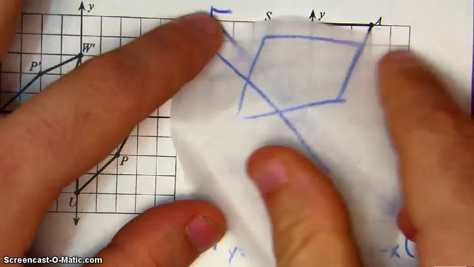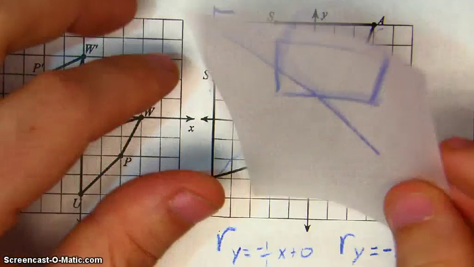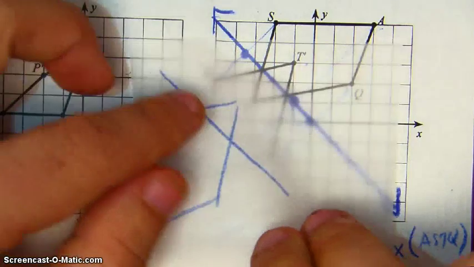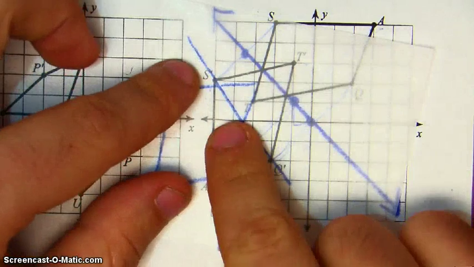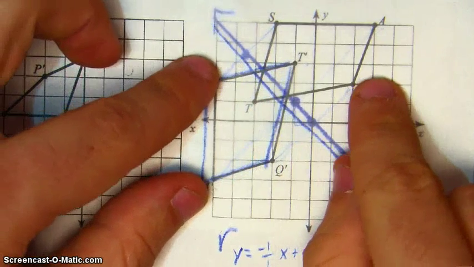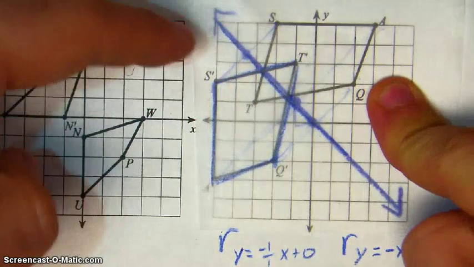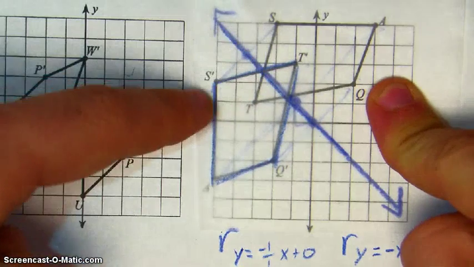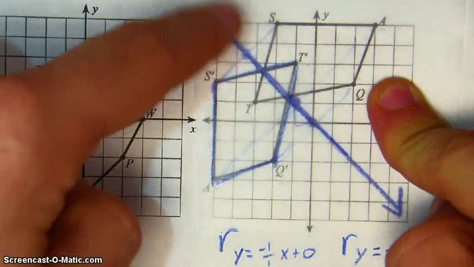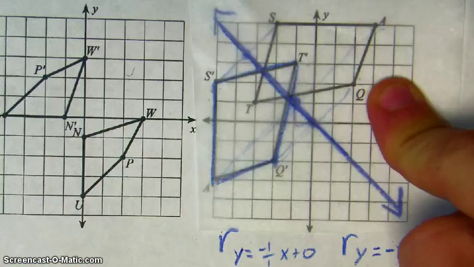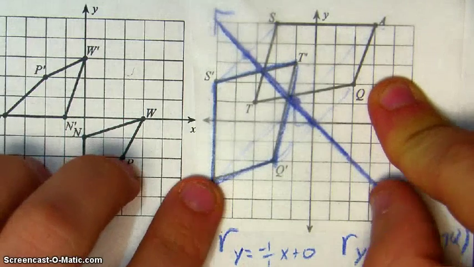Then, take your transfer paper, lift it up, flip it over, and place it back down so that the line of reflection lands back on itself. Hopefully, if you've done this correctly, you should have your pre-image land on your image, and your line of reflection should be in the same place. If this works, then you've created your reflection properly.